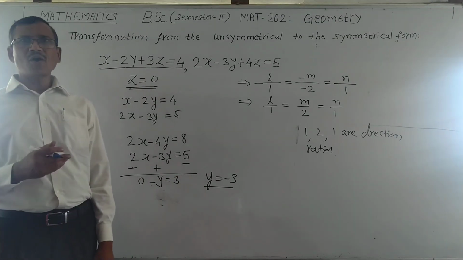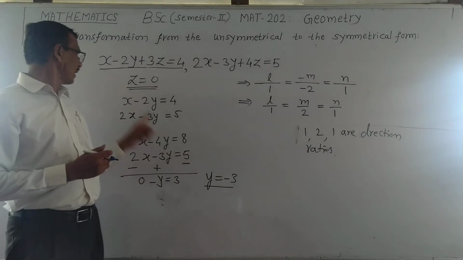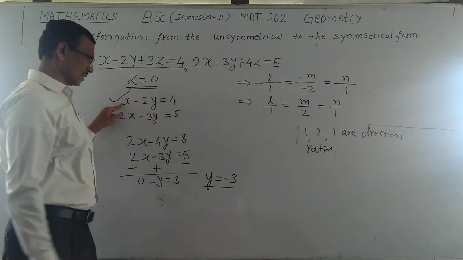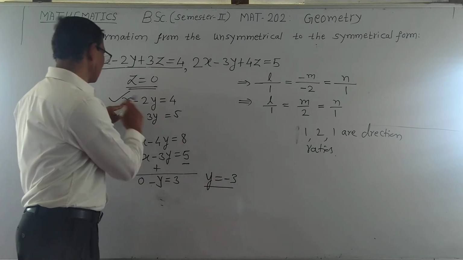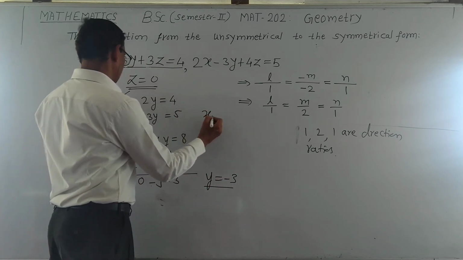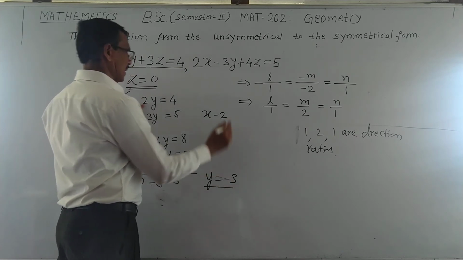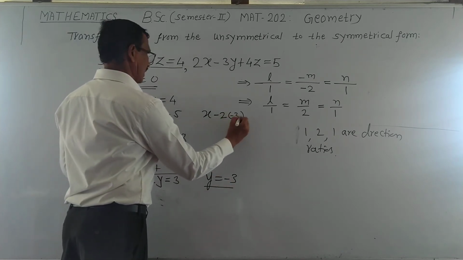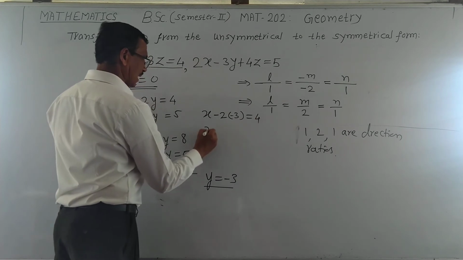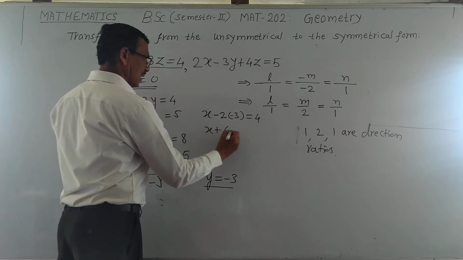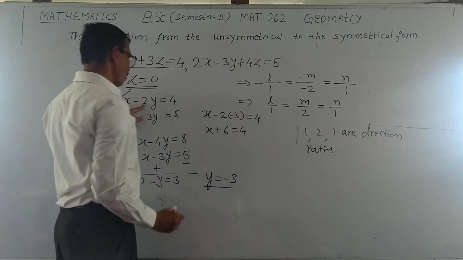To obtain the value of x, put the value of y in any one equation. For example, we shall put it in the first equation. y is minus 3, that means x minus 2 into minus 3 equals 4. That is x plus 6 equals 4.